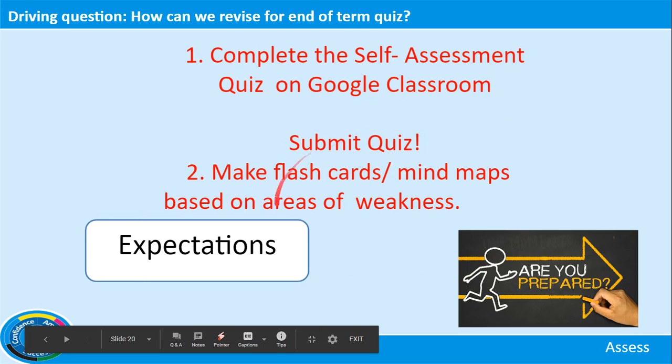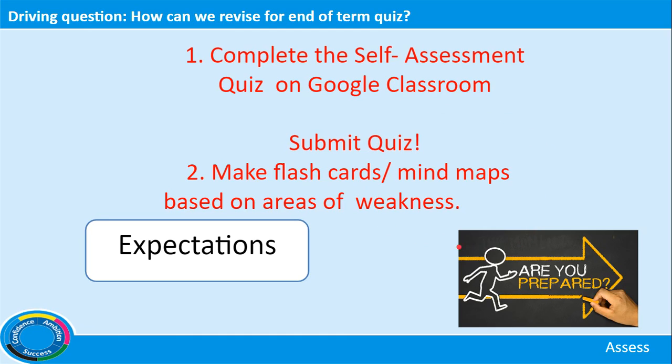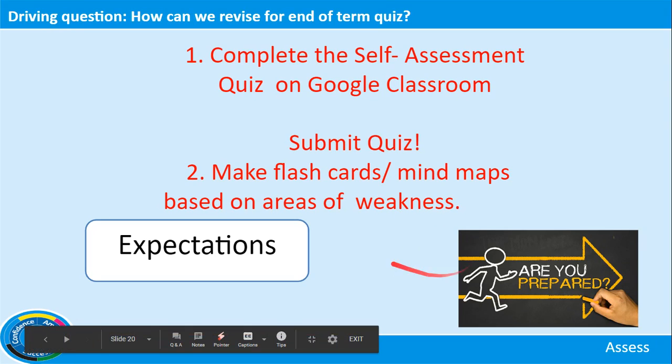The questions that you answered yes to, it means that you are 100% confident of your answer and you know the topic in depth. If you've answered no, then you will have to create flashcards. So you're going to tick yes or no and submit your quiz at the end on Google Classroom.